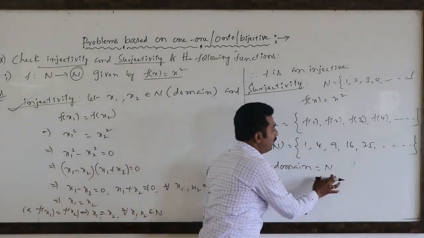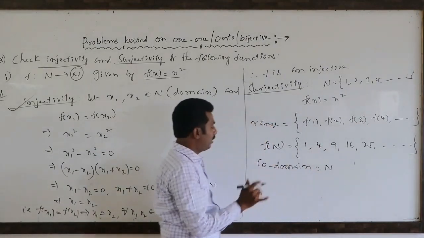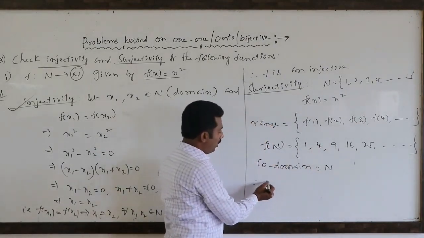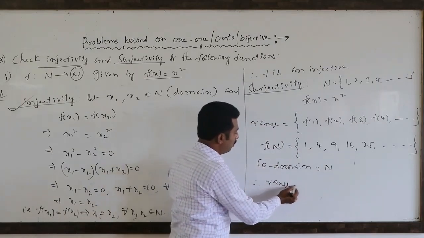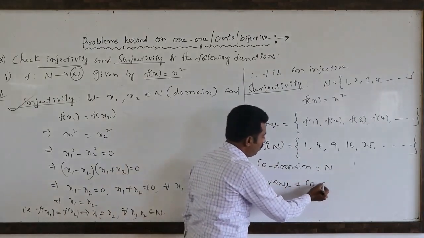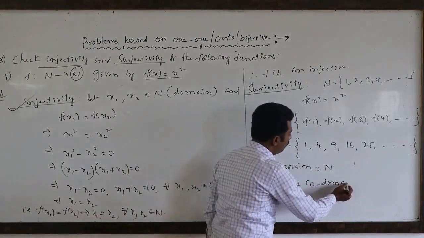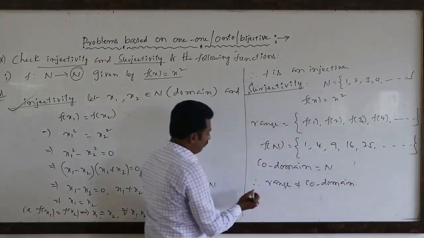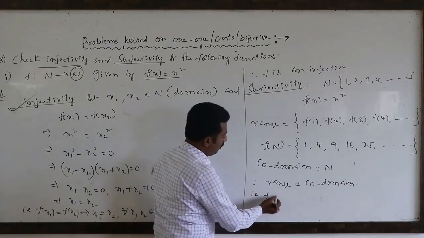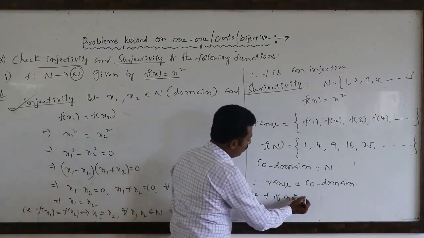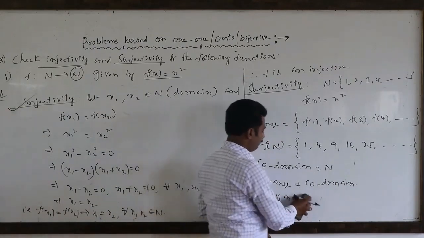So the range is a subset of the codomain, but not exactly equal. Therefore, the range of the function is not equal to the codomain, that is, f is not surjective.